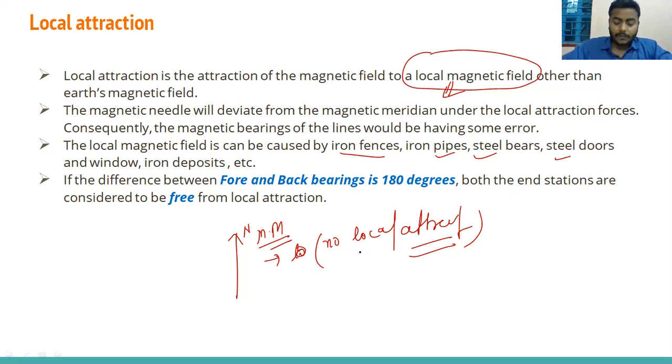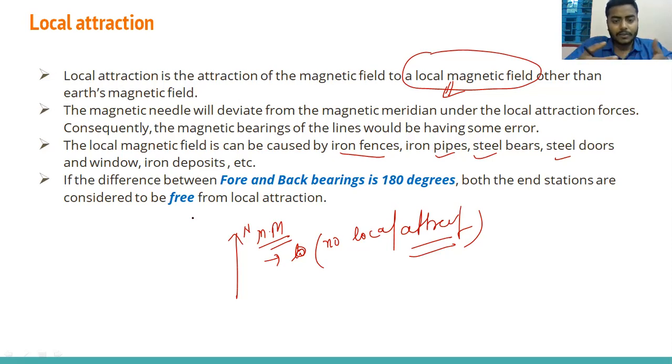And bearing means we are calculating the horizontal angle between a line and the meridian, the magnetic meridian. But that magnetic meridian is not correct. It is deflected by the local attraction. Means every bearing that we calculate is wrong. It needs a correction, right?